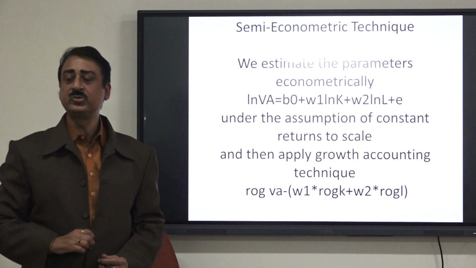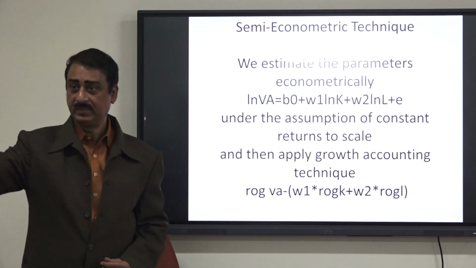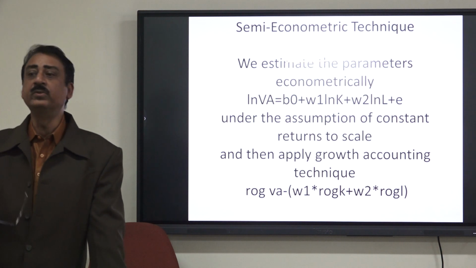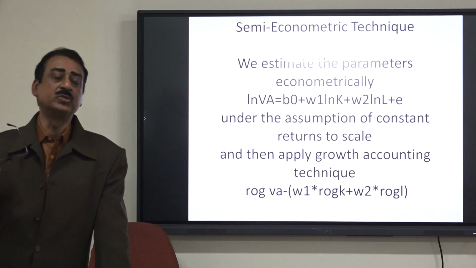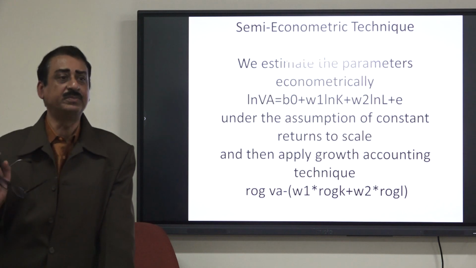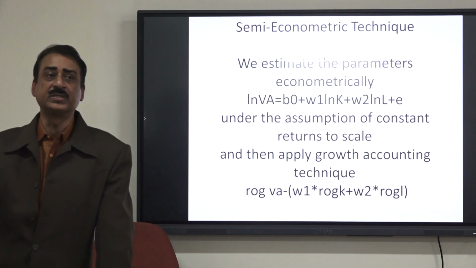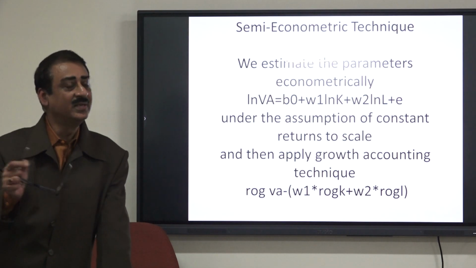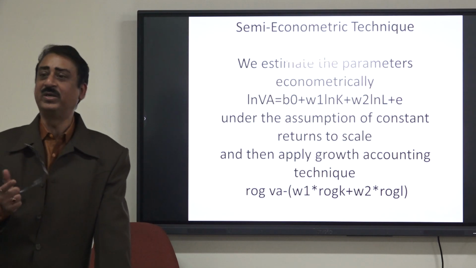Some methods would say that in the initial year, the first year, you consider what the share of labor was. Suppose labor share was 40%. Then you will say 60% share is for capital. So W2 is 0.4, W1 is 0.6.